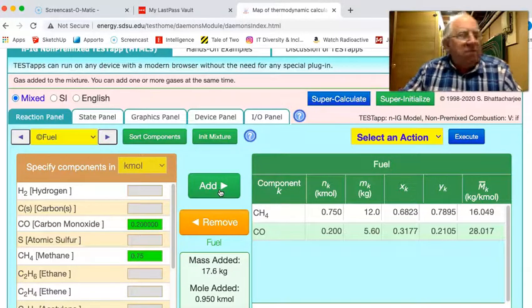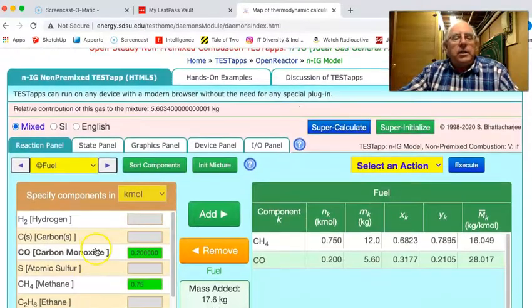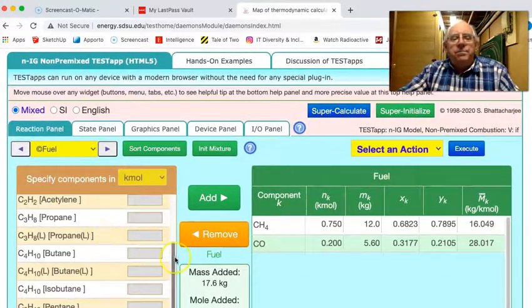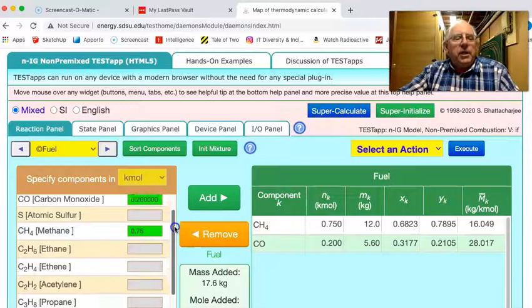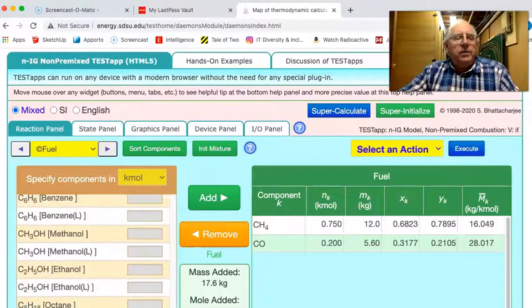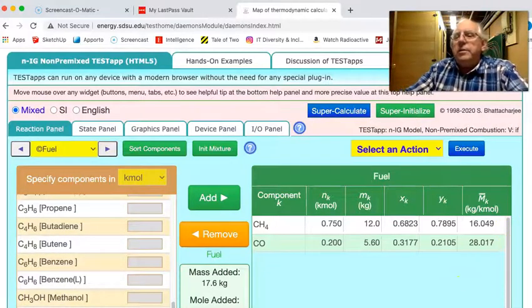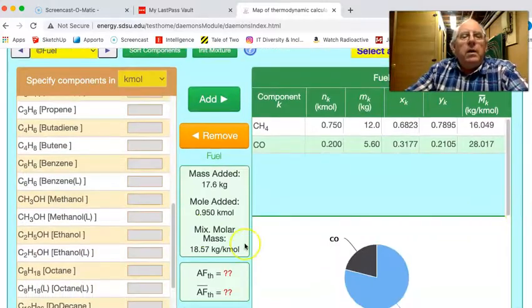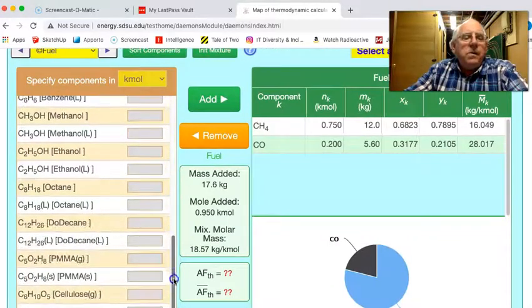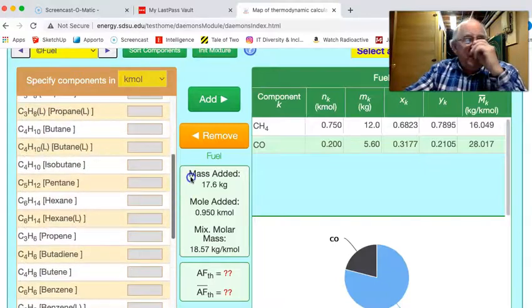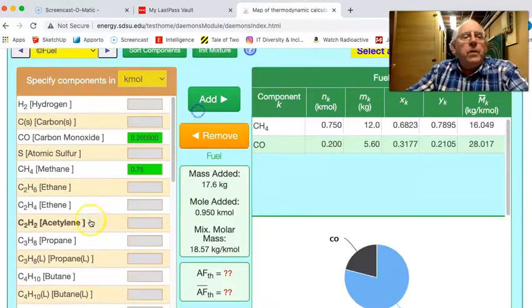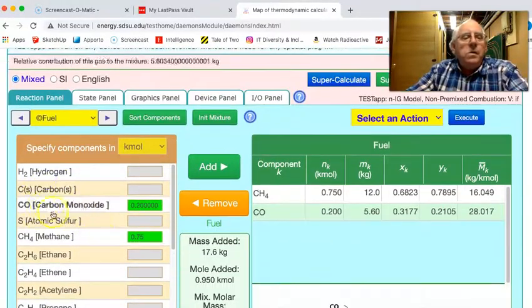I also have 5% oxygen. And so I'm going to select my oxygen. And so I'm going to come down here. Let's see here.